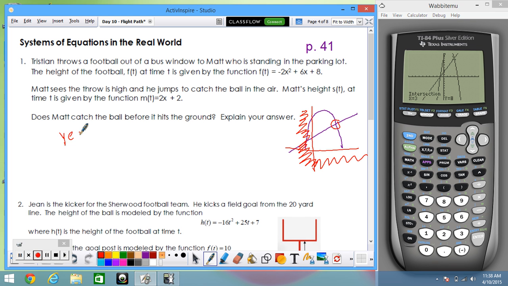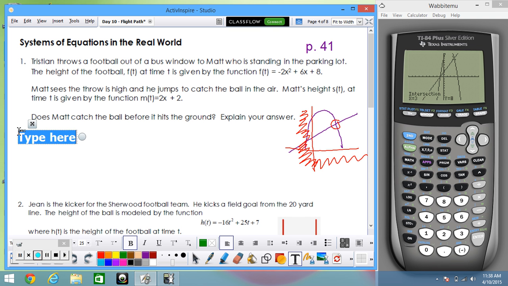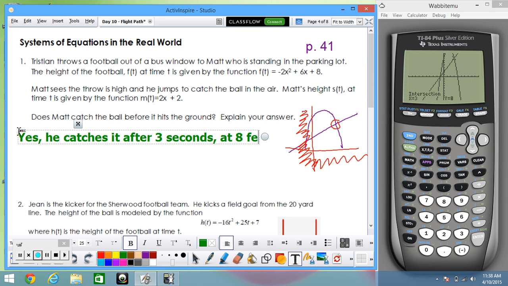Yes. I'm going to type this. This is terrible. Yes. He catches it after 3 seconds at 8 feet in the air.